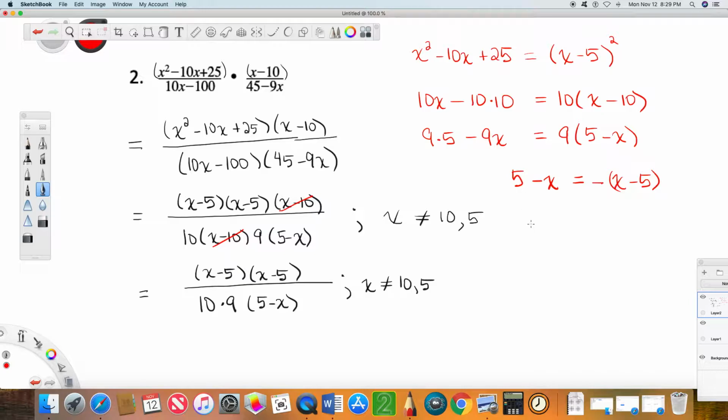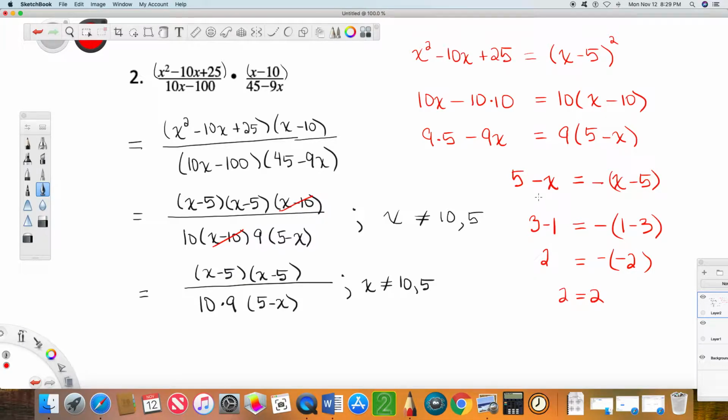If I had, say, 3 minus 1, 3 minus 1 is not equal to 1 minus 3. 3 minus 1 is a positive 2, and 1 minus 3 is a negative 2, and positive 2 is not equal to negative 2. But what if I said that 3 minus 1 is equal to the opposite of 1 minus 3? Isn't this true, that 2 is equal to the opposite of negative 2, which is a positive 2?